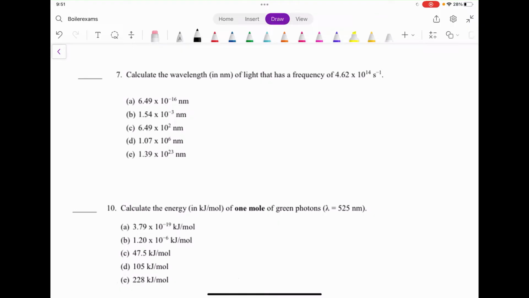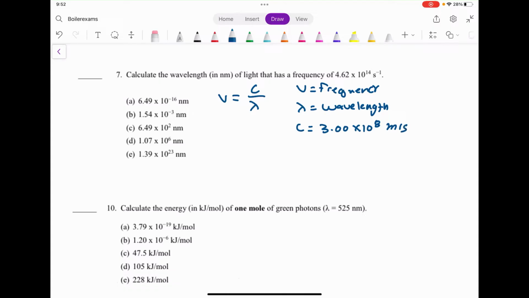Number 7. Calculate the wavelength in nanometers of light that has a frequency of that many reciprocal seconds. So we know we want a wavelength, and we are given a frequency, and we know the relationship between the two is nu equals the speed of light over lambda, where nu is our frequency, lambda is our wavelength, and c equals 3.00 times 10 to the 8th meters per second.